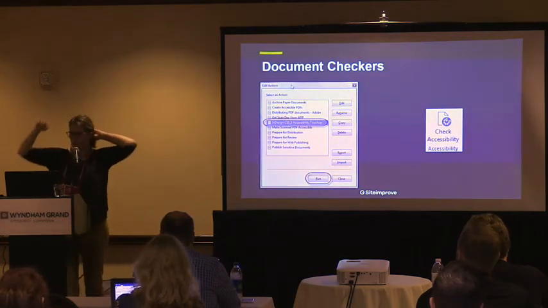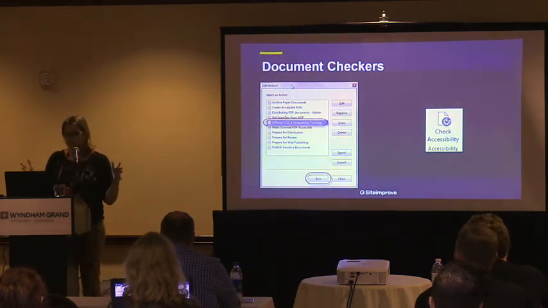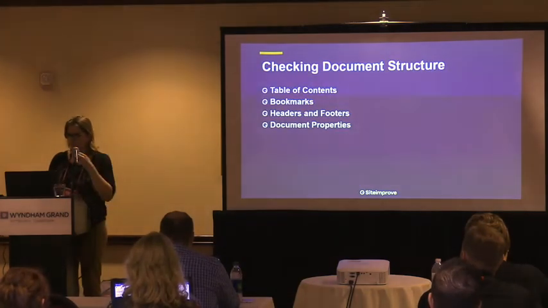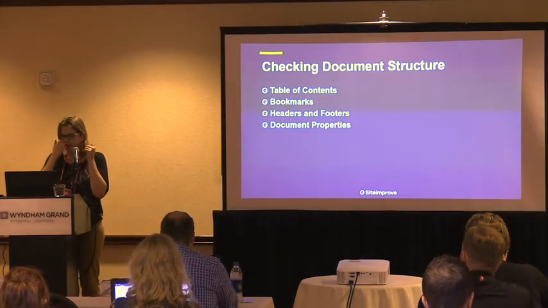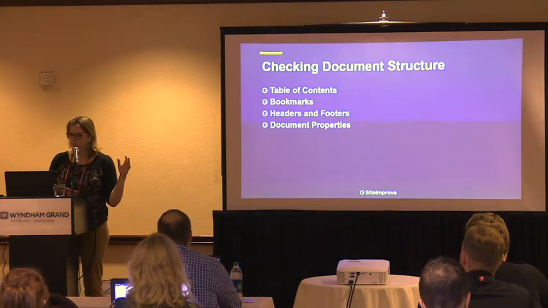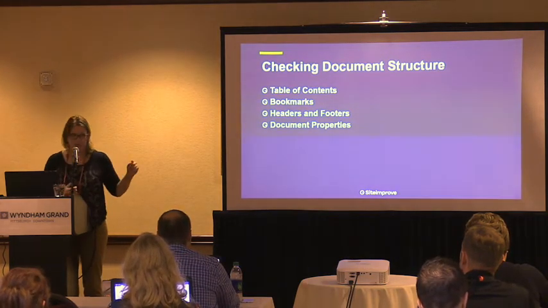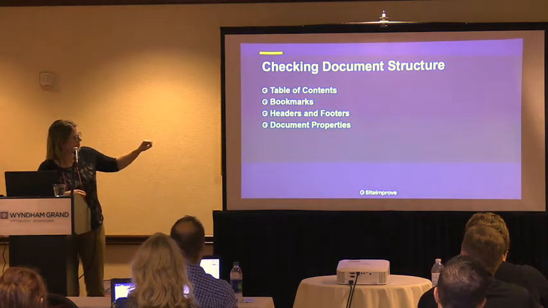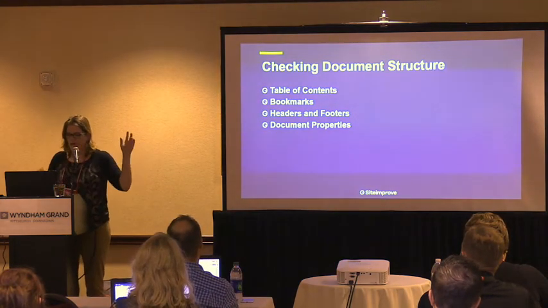Okay. Alrighty. So now we've done all the checks we can. We've done as much as we possibly can in the originating document. The items that we would want to think about adding are the table of contents, any bookmarks, headers and footers, and then document properties.